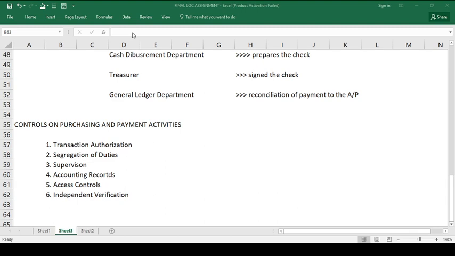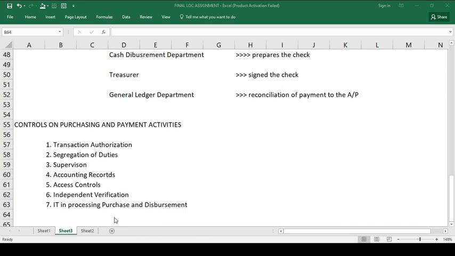Okay. Last is the information technology, the IT in the processing of purchase and disbursement. A good information technology used on the purchasing and cash disbursement processes is a good control.